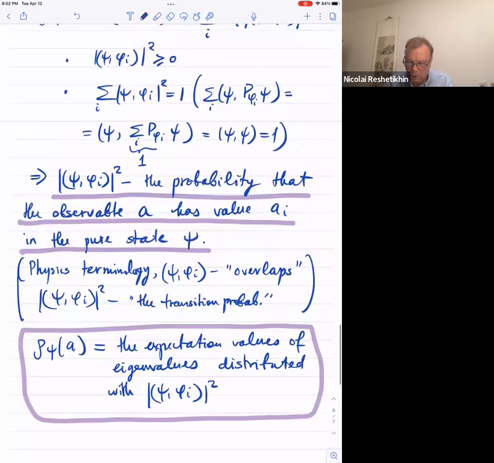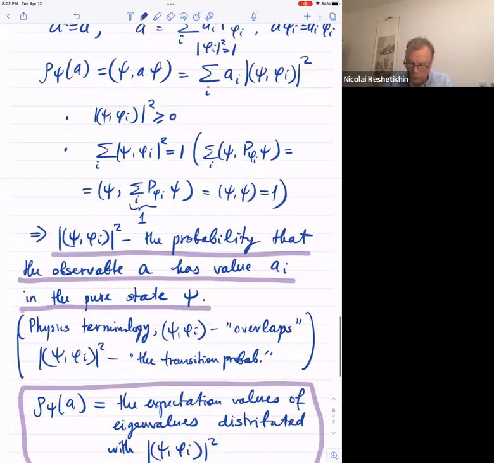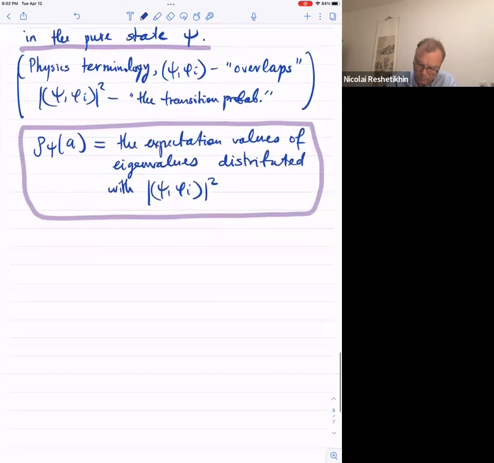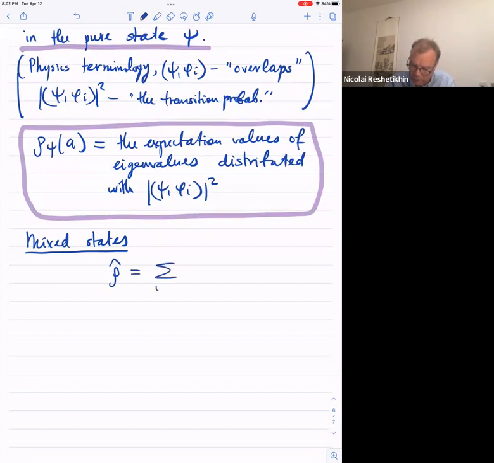Okay, so now, what if our state is not pure? Mixed states. Suppose we have some density matrix rho, which is, let's start with a finite sum. It's just a finite sum. I will not introduce the range of it.